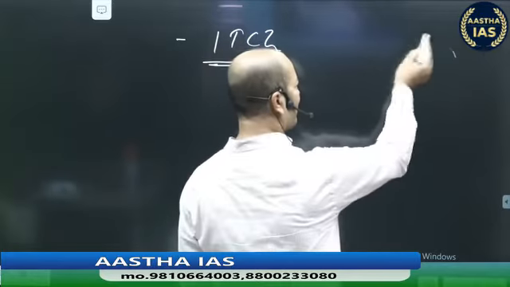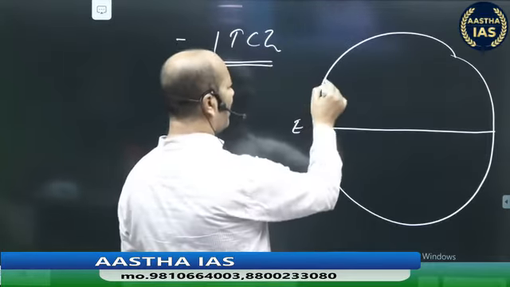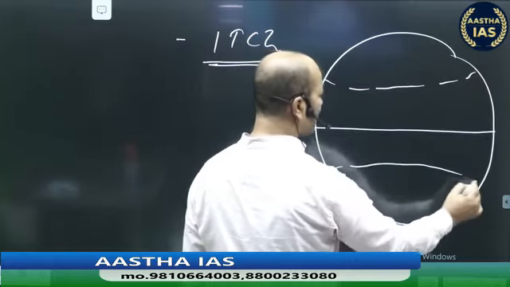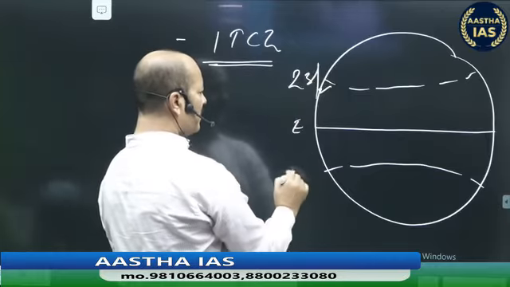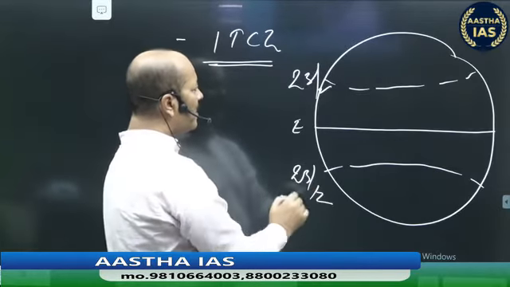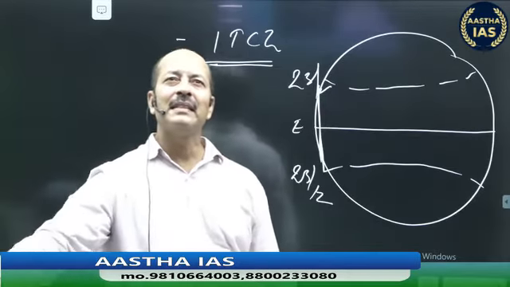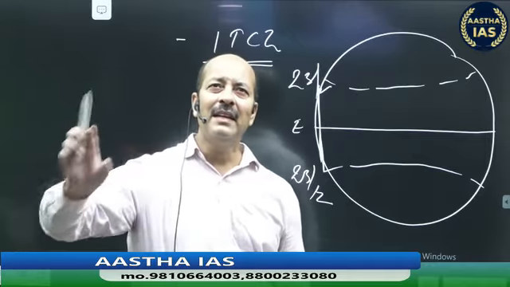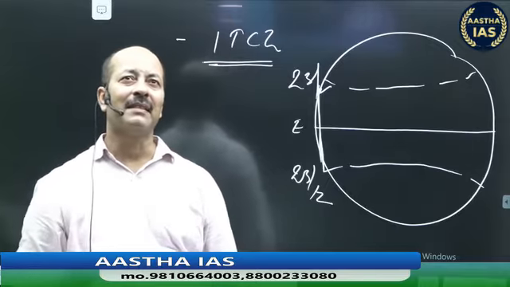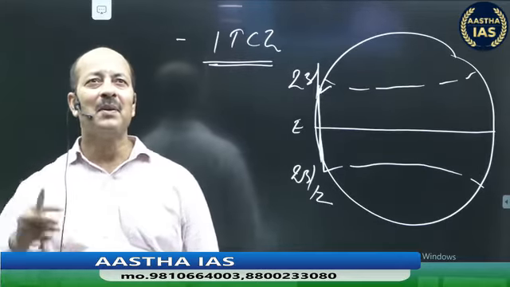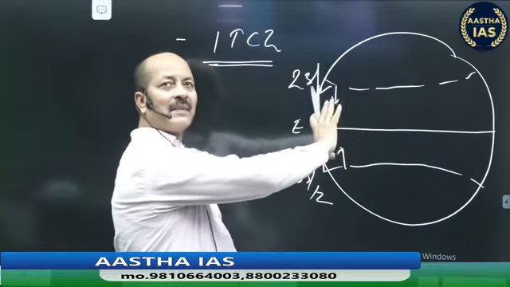See, this is a globe. This one is the equator. This one is 23.5 in both hemispheres, 23.5 north and 23.5 south. Between these geometrical lines, 23.5 south and north, the area is named the tropical area. The word intertropical means within the tropics, not beyond them.